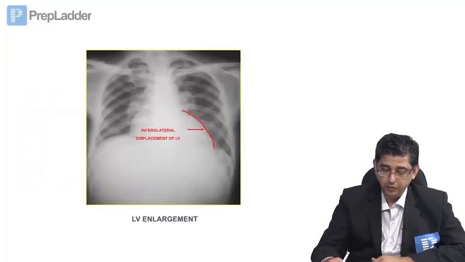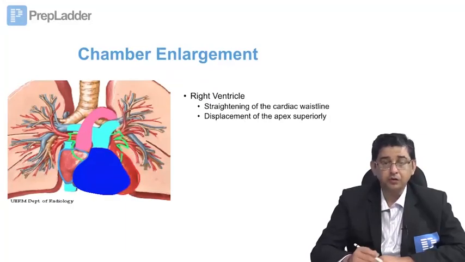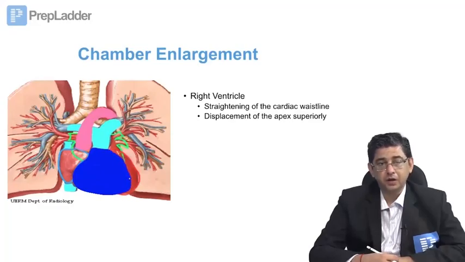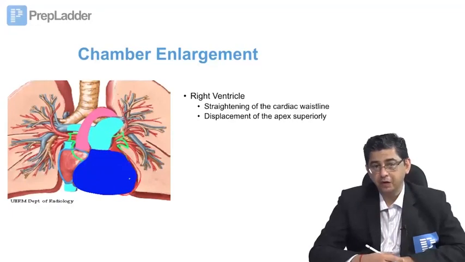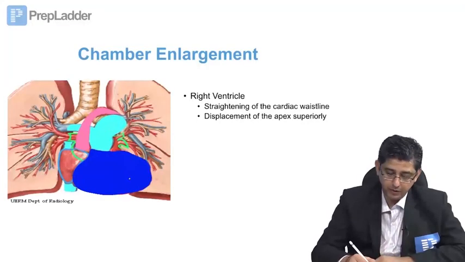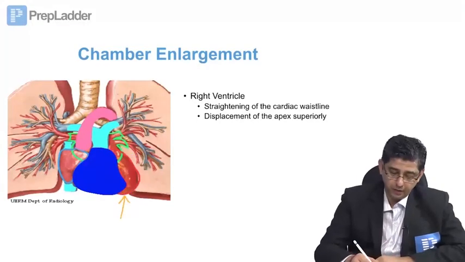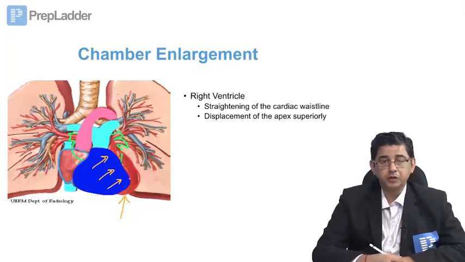In contrast, if you look at the subsequent image, you will notice that when the right ventricle gets enlarged, the enlarged right ventricle will push the entire left cardiac border, so the apex of the patient is lifted upwards. As you can see in the figure, this enlarged right ventricle will be pushing the entire left ventricle upwards.